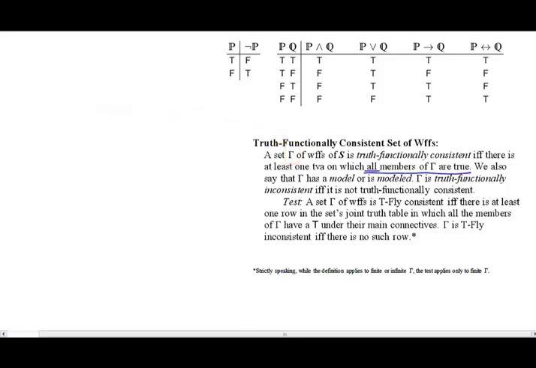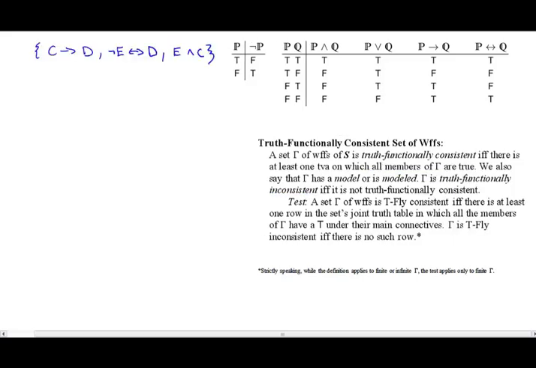We do this by generating a large joint truth table and looking at the values under the main connectives of all the formulas in the set. If there's one truth value assignment on which they all turn out to be true, then that set is consistent. If there is no such row, that is, there's no way for all the formulas to be true at the same time, then the set is inconsistent.